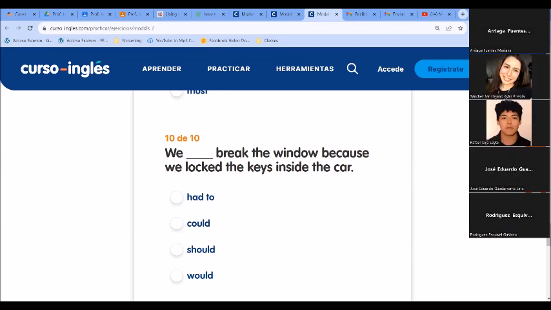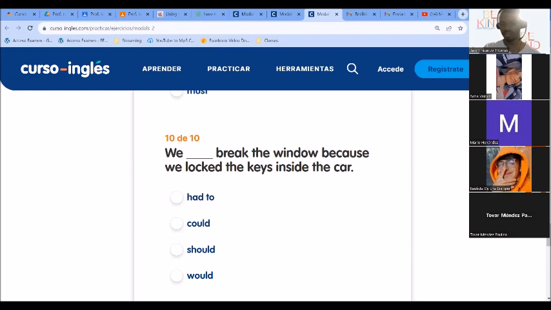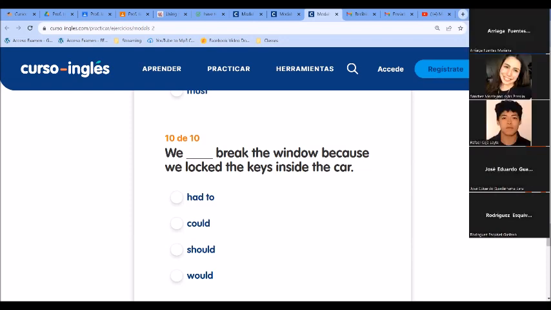Let's go back to Rafa. Number 10, Rafa. Didn't have another choice. We should break the window. But it happened in the past.